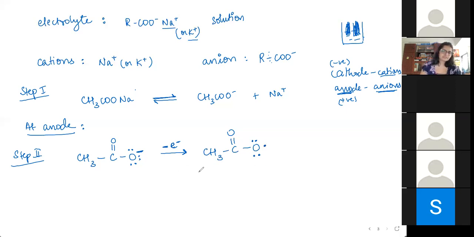So what would you call this sort of species? CH3CO plus. No, would you call it a molecule, atom, cation, anion, free radical? क्या होगा ये?